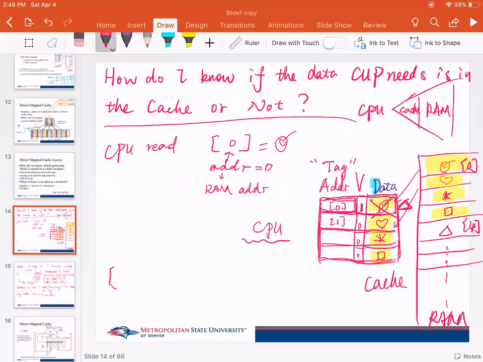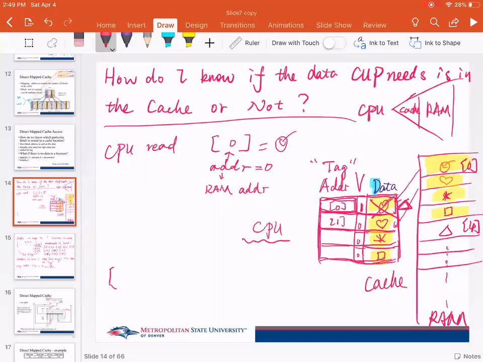So that actually means we know where it will go according to their address. So when we look at the different locations of the apple, the heart, the star, and the square, the index of where it is placed in the cache actually represents its address.